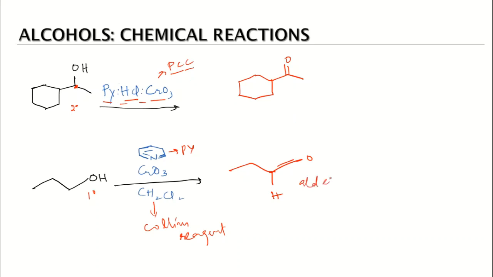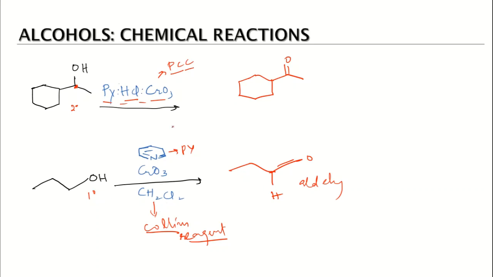So this will be aldehyde here, and the oxidizing agent that we are using in this reaction is the Collins reagent. So we have to memorize the reagents. Sometimes we will be directly given that the Collins reagent is used, and sometimes we will be given these separate entities, so we have to recognize the oxidizing agents also. Collins reagent converts primary alcohols into aldehyde.